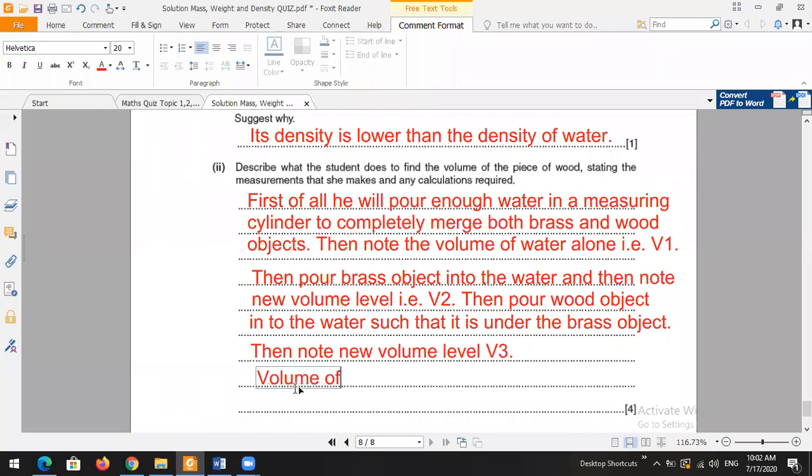Volume of wood object will be equal to V3 minus V2.